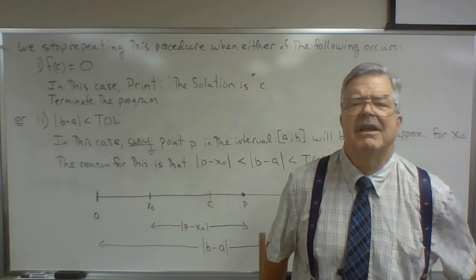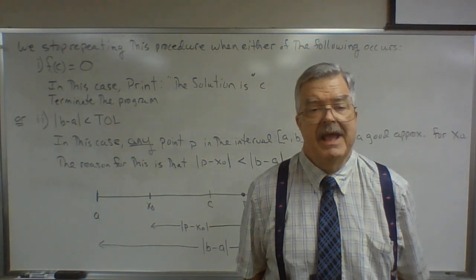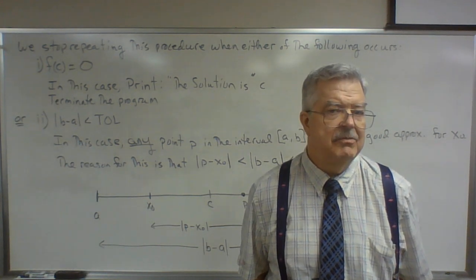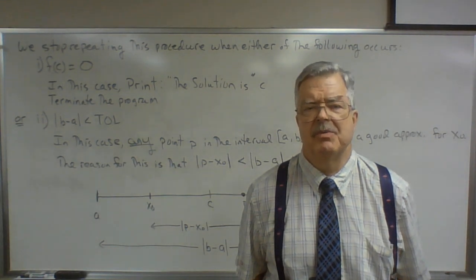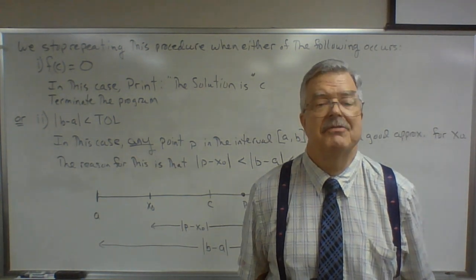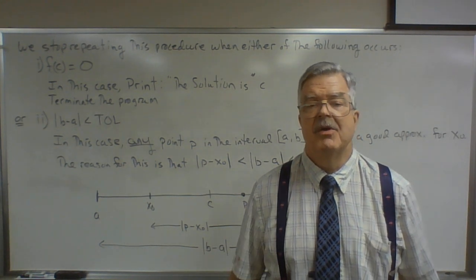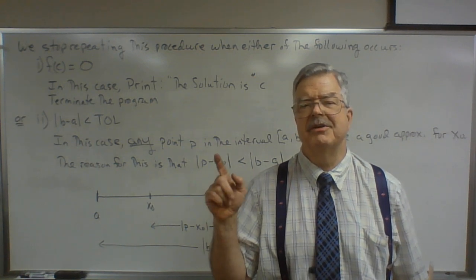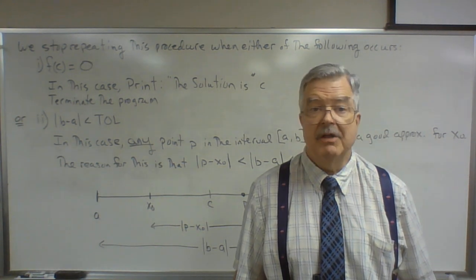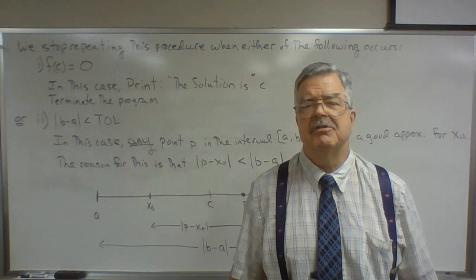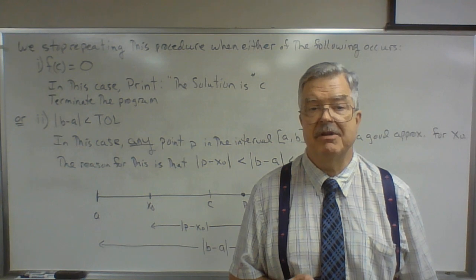So let's see, if we take an interval of length 1 and cut it in half 10 times, let's see, 2 to the 10th is 1024. So 1/2 to the 10th is 1 over 1024, or less than 0.001. Well, suppose we cut the interval in half not 10 times, but 20 times.